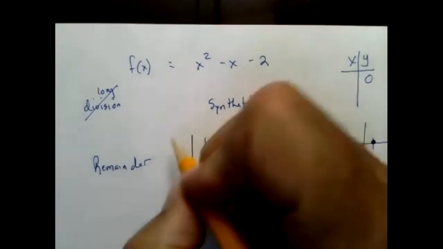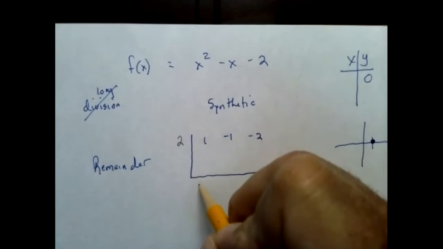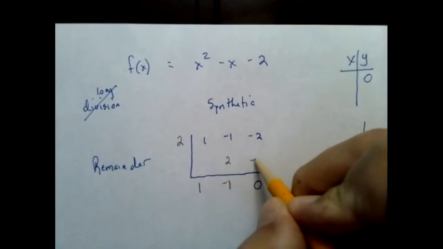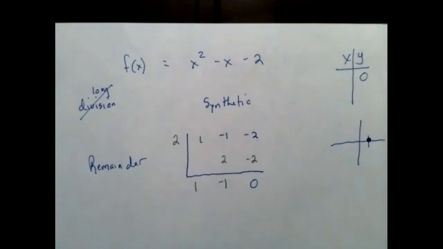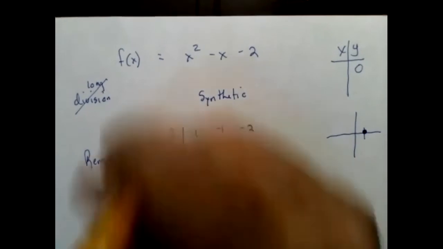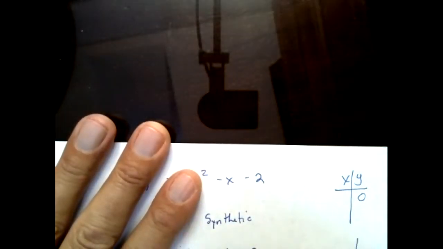2. So if I plug in 2, my synthetic division went 1, 2, -1, -2. Nope. 2 is eliminated. 2, you're out. Oh, I have to erase. Good try.